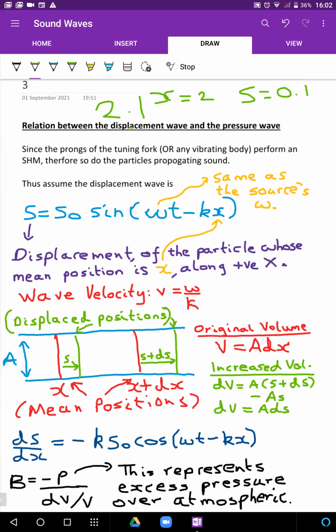That 2.1 is the current position. We don't put that in the equation; we put in its mean position.